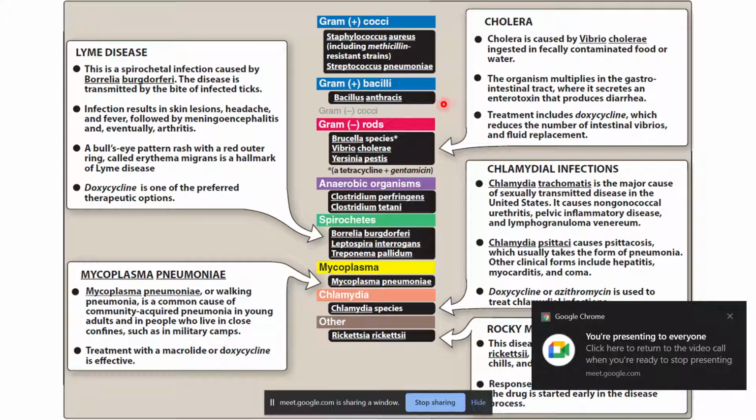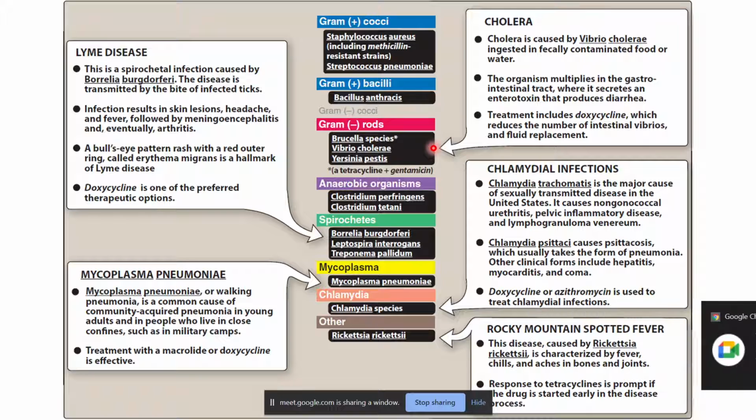The gram-negative microflora includes Vibrio cholerae, which leads to cholera, a GI disease.